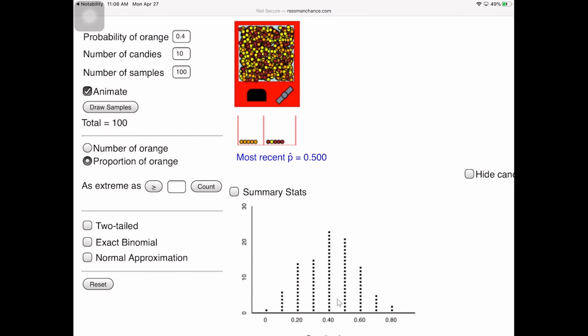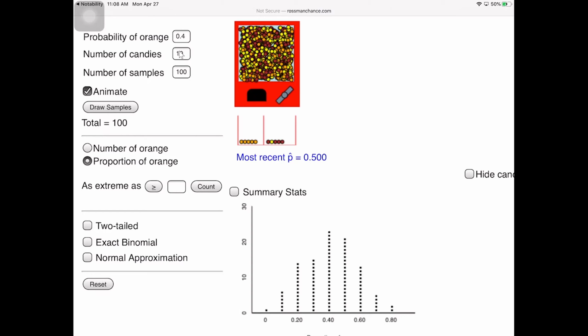So we should start getting closer and closer to 0.40. But also look, now we finally go from 0 to 80%. We're finally not doing 0 to 100%. So we're narrowing it down, and that's going back to your standard error, because your standard error is telling us the bigger the sample size is, the narrower the spread should be.